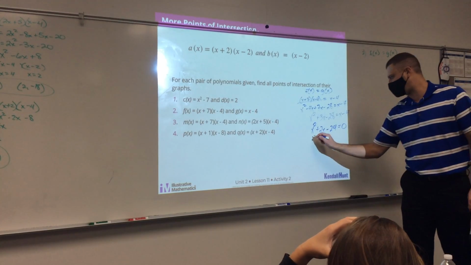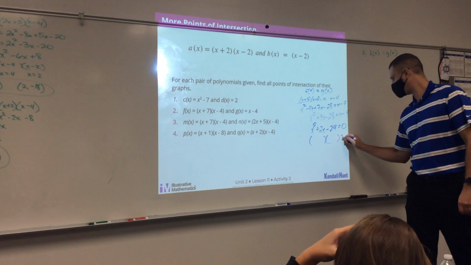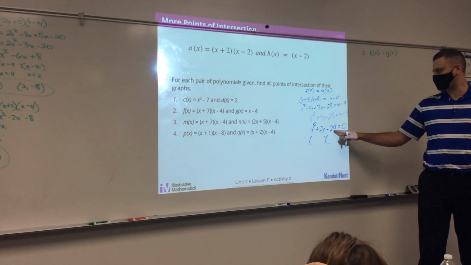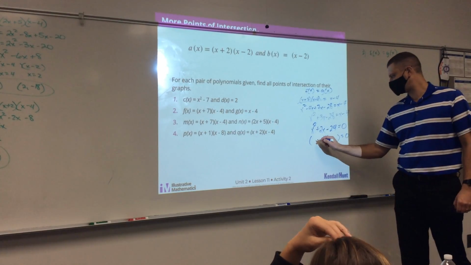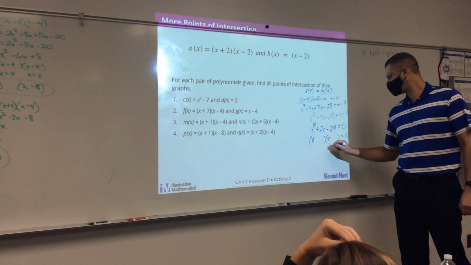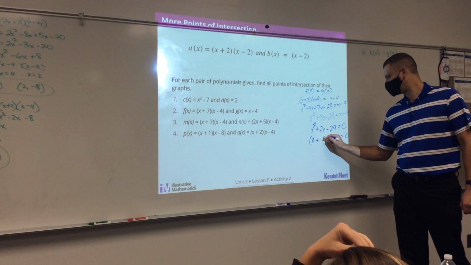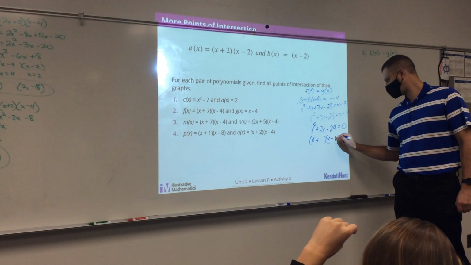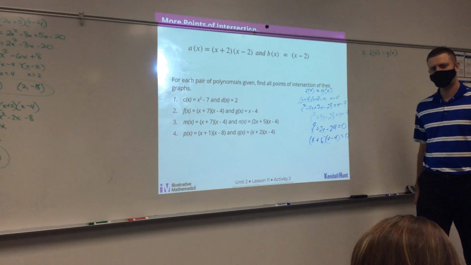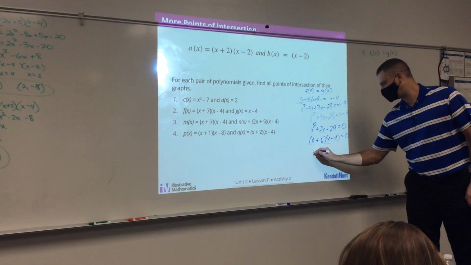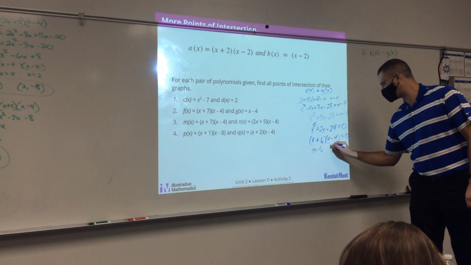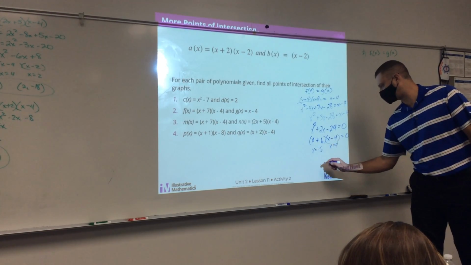And then that's an easy factor. What multiplies to this and adds to this? 6 and 4. Negative 4, positive 6. Okay, good. So then x would equal negative 6, x would equal positive 4.